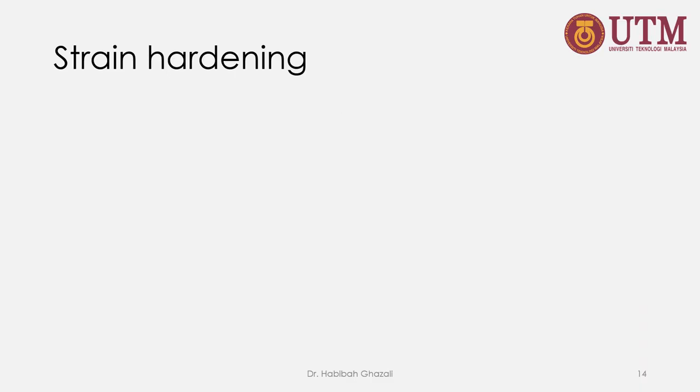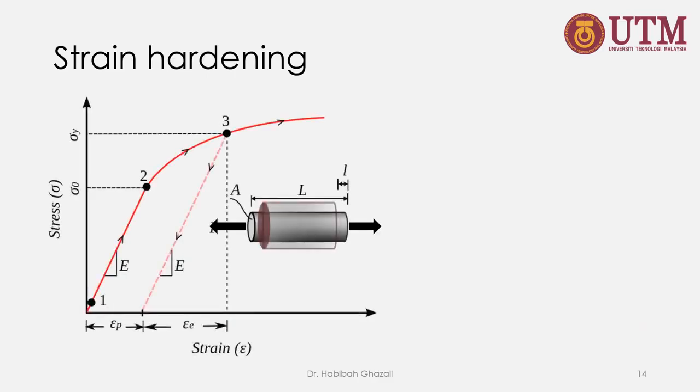Another way to explain strain hardening phenomenon is through tensile tests. I have this metal here and I am performing a tensile test to it, and it breaks at this region here, and this is the tensile strength of these materials.